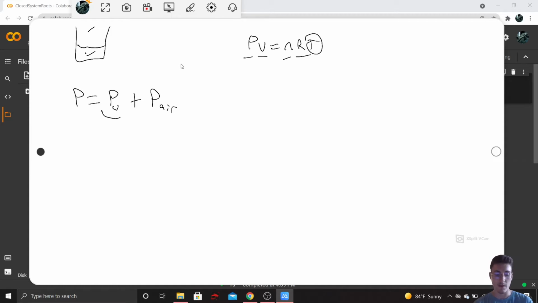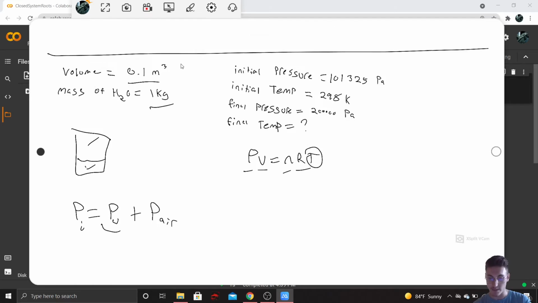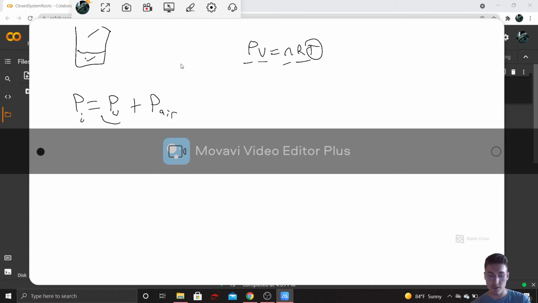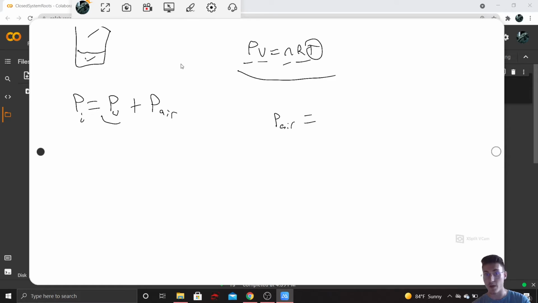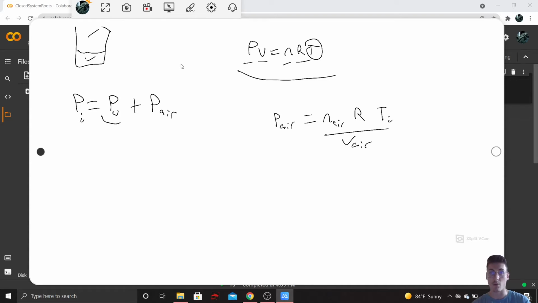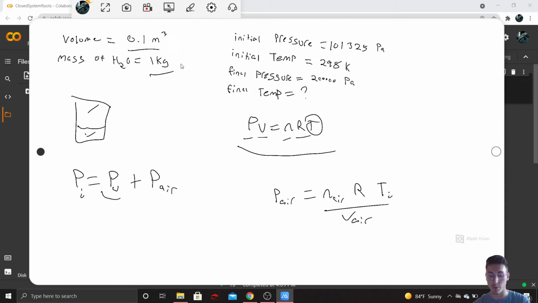So the starting initial pressure is going to be the partial pressure of water at 298 Kelvin, and then the partial pressure of air we can figure out because we can again use this and say that the pressure of air is equal to, if we take the volume and move it to the other side, the moles of air times the gas constant times the initial temperature, because right now we're just trying to figure out the initial pressure of air, and then all that's divided by the volume of just the air.